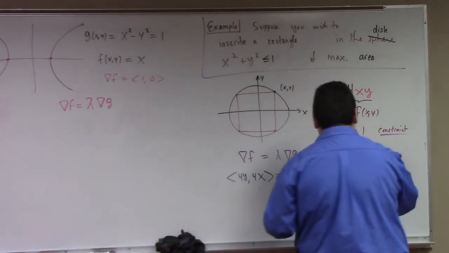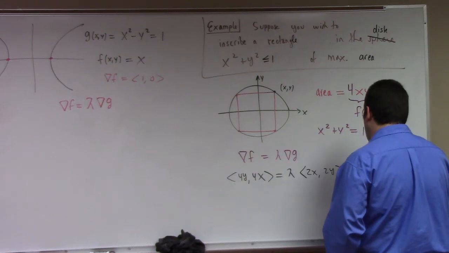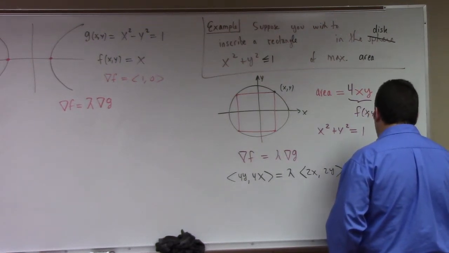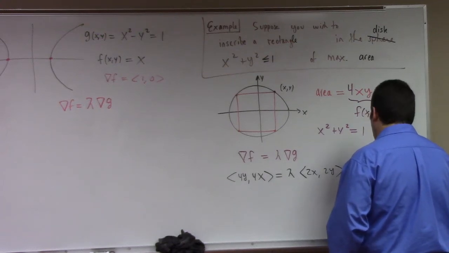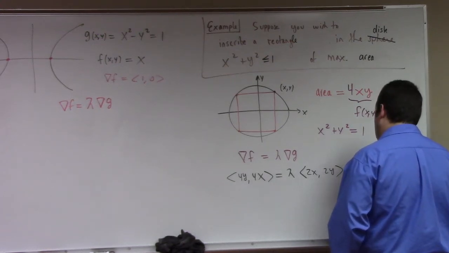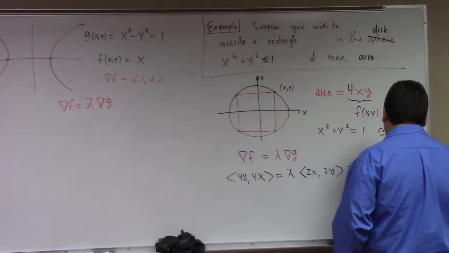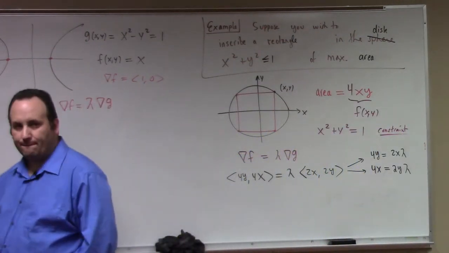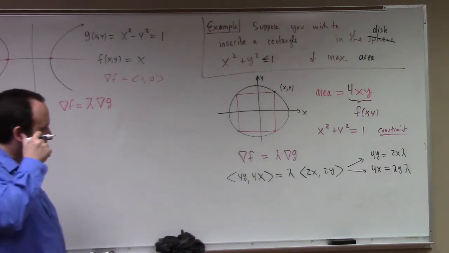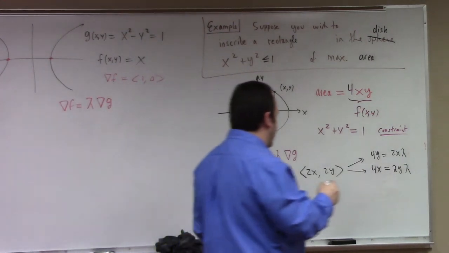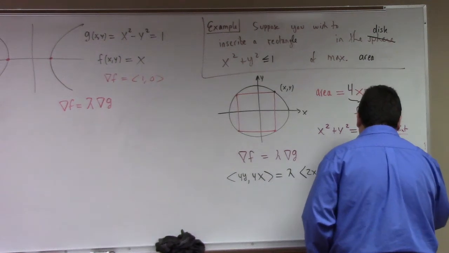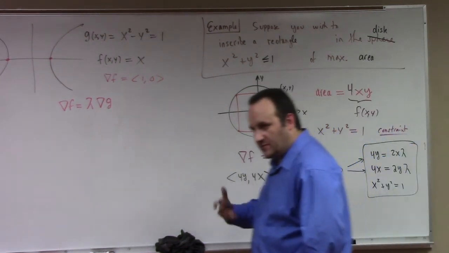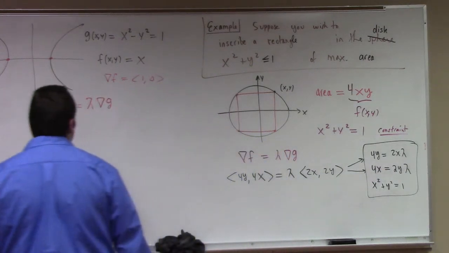So that tells me that 4y equals 2x lambda, and also that 4x equals 2y lambda. And then, of course, we also have x squared plus y squared equals 1. So there you go. We've got to solve those Lagrange multiplier equations.